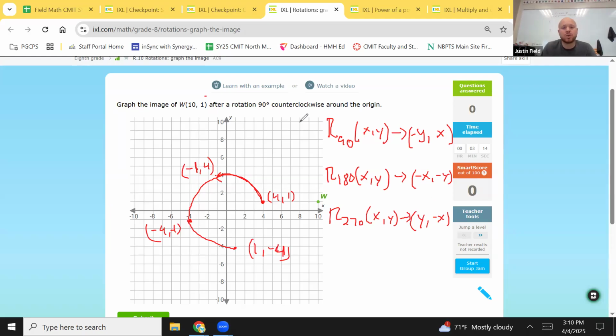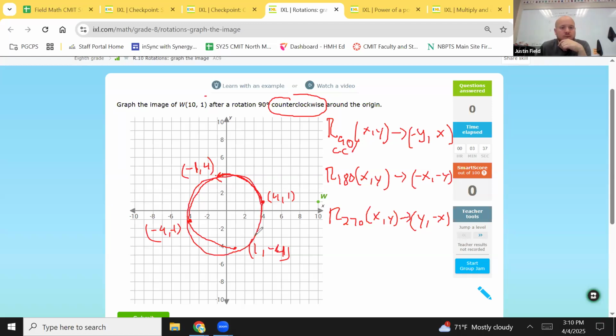So those are the three rules of rotations, multiples of 90. And this is for counterclockwise. So this is 90 degrees counterclockwise, and I'm going to write CC. Clockwise is the other way.